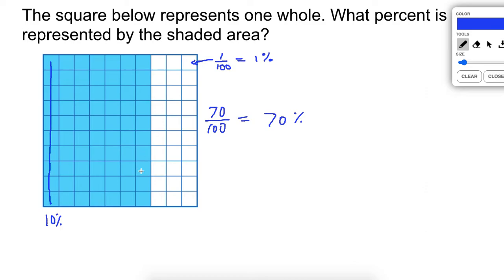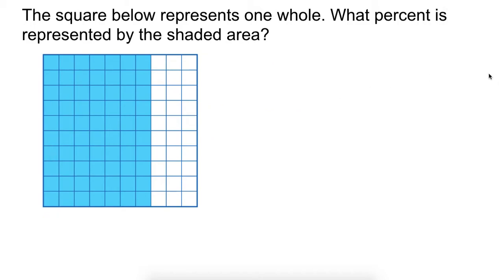So 70 out of 100 shaded is what we have on that one. But a lot of these you can just find the percent by knowing that one square is 1/100th, or 1%. And that's important when you're doing these. Let's look at another one like this.